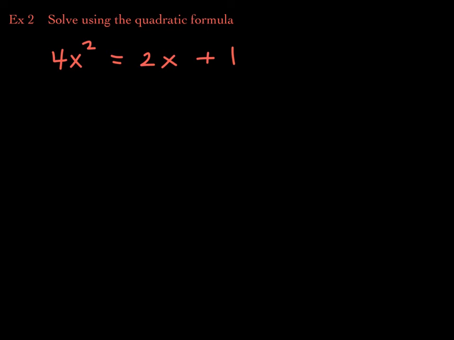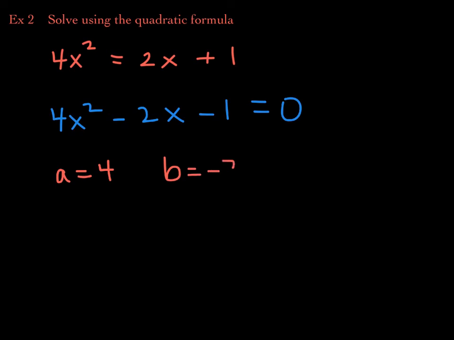So when I subtract 2x and 1 from both sides, I get 4x squared minus 2x minus 1 is equal to 0. All right, everybody, your a value is 4, that's the leading coefficient. Your b value is negative 2, that's the coefficient of the first degree term. And c, your constant term, is negative 1.